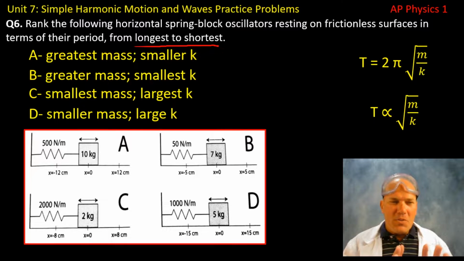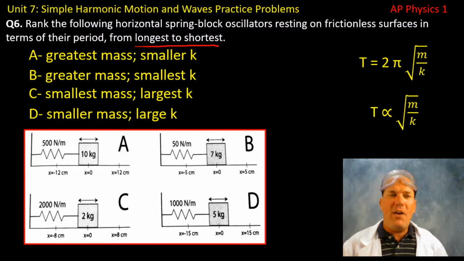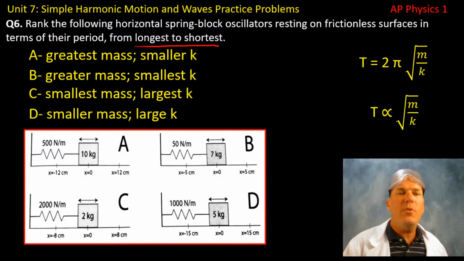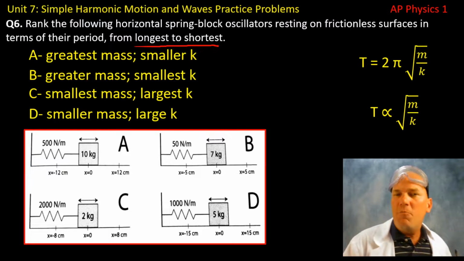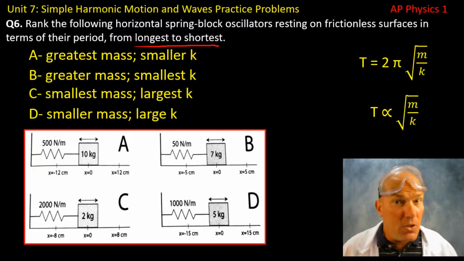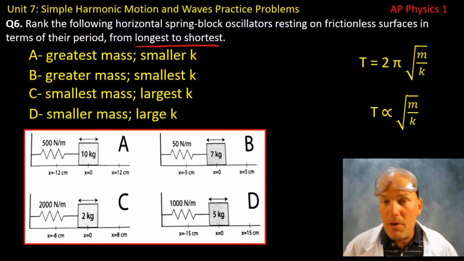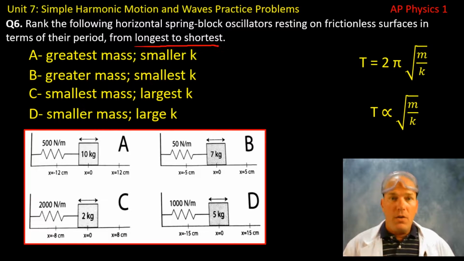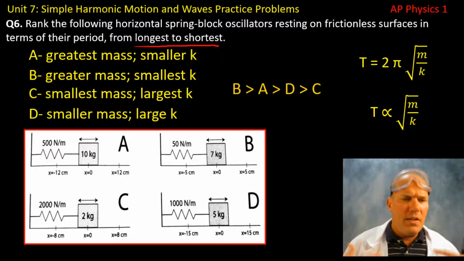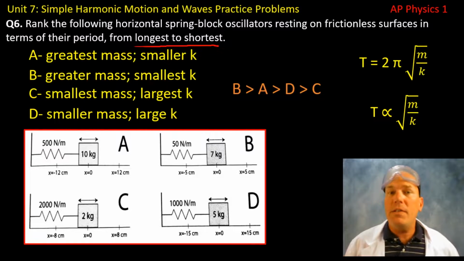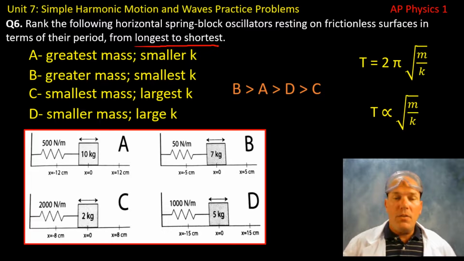All right. So just laying these values out here, we can start to reason through our ranking task, and we really do not need to do any calculations. Now, by all means, if you would like to, go for it. But through mathematical reasoning, we can look at B. B has a large mass. It's not the largest, but a large mass.